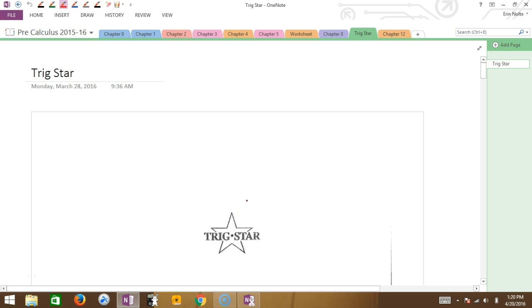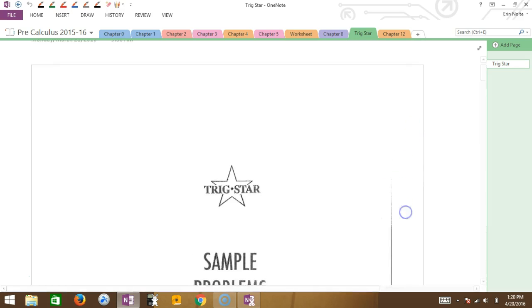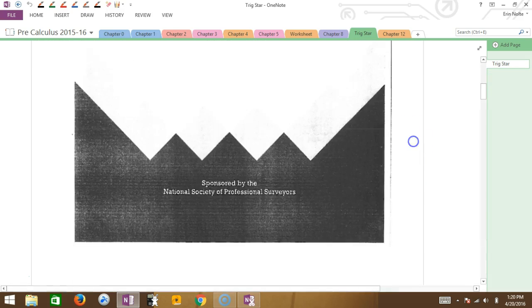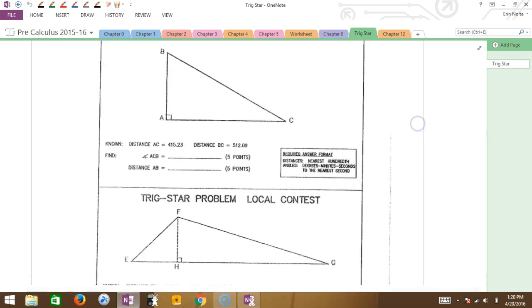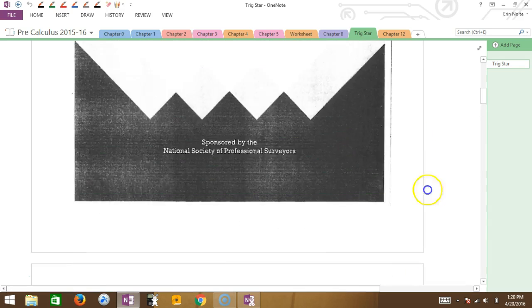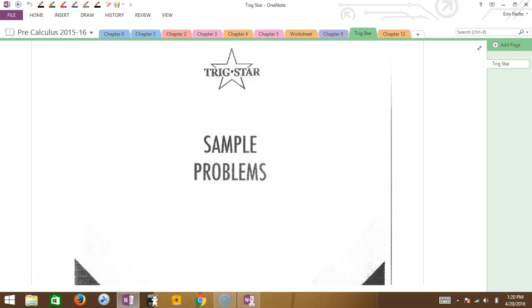Today is just going to be a review for you on this TRIG star. I handed this out on Wednesday, so most of you have it. Basically, all of this is just solving triangles. Some of them are right triangles, so you're going to be using SOHCAHTOA, which hopefully is not new information. You're going to be using law of sines and law of cosines.